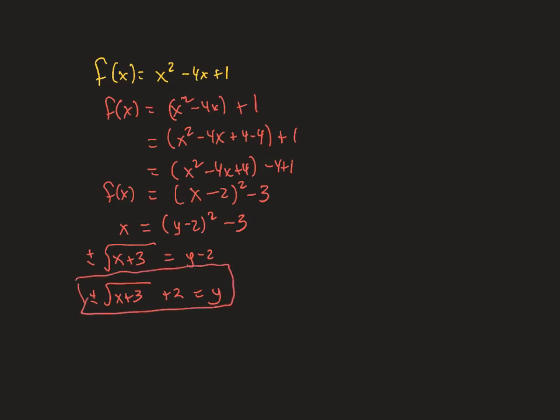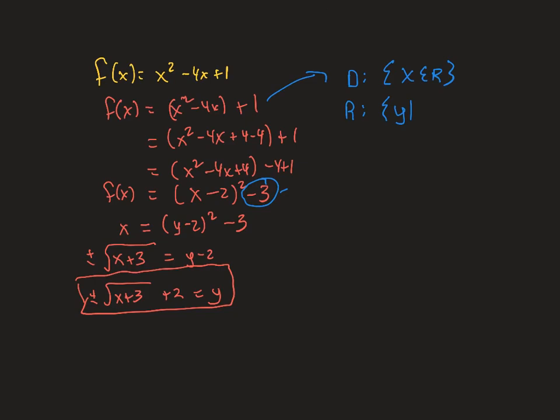Now, originally, my original domain and range for this function, what's my original domain and range? Well, my original domain would be, well, x is everything. X can be everything. There's no restriction. As for my range, on the other hand, remember, the range is always going to be, well, in this case, bigger than minus 3, because my a value is positive.